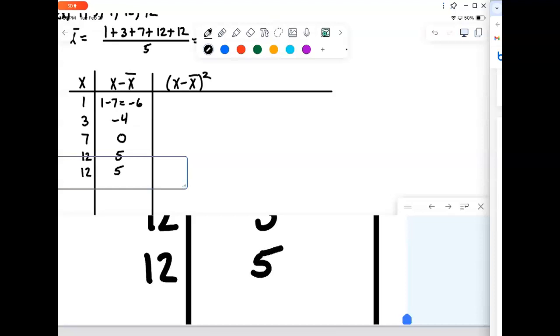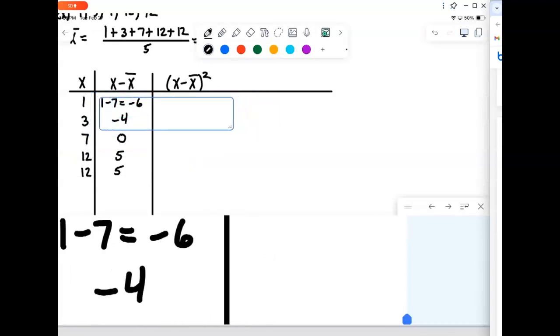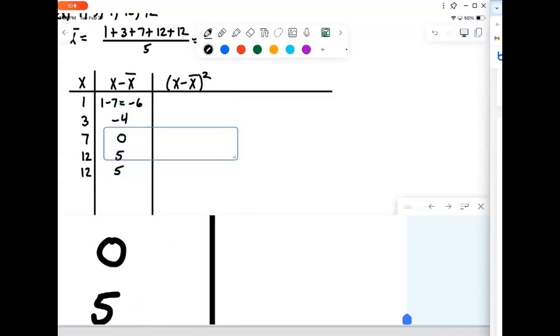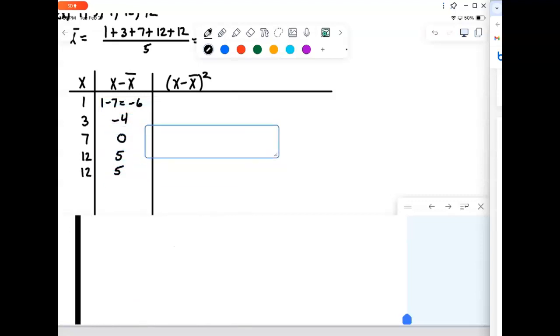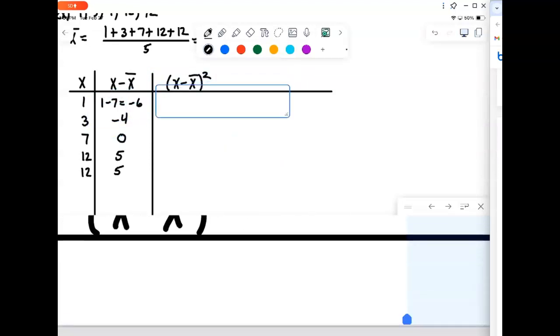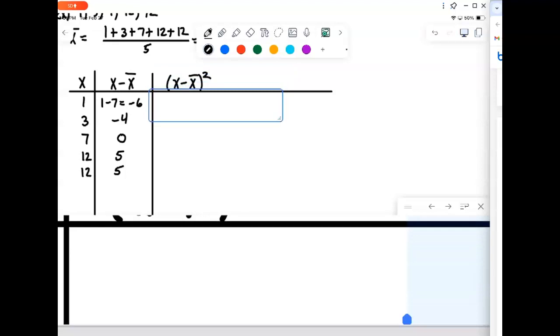You can kind of see why, if we took these values as the negative values they are, negative 6, negative 4, 5, 5, and 0, and added all those up, we just end up getting 0. So that's part of the reason why this process squares them. We square them to make the signs go away.